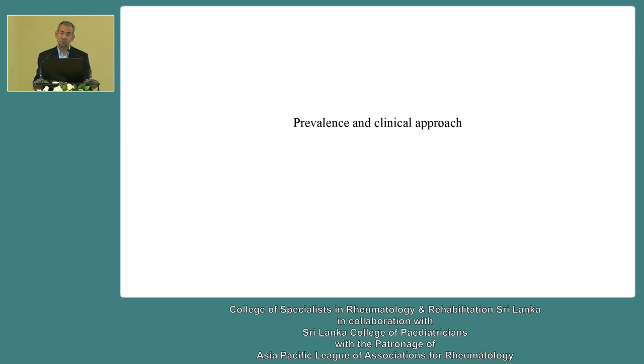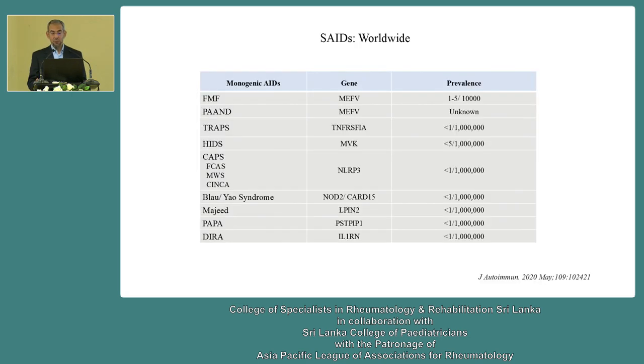So what is the prevalence of these diseases? Of course, this is very, very rare, with the exception of FMF, which is common in certain areas, especially around the Mediterranean. However, the others are very rare, so you don't need to feel guilty, or feel you are not practicing real rheumatology, if you don't see these cases.